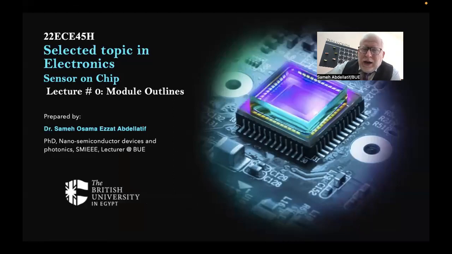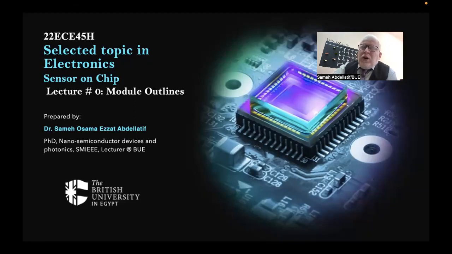Actually, the word "on a chip" is somehow an attractive word in the electronics industry nowadays. How to integrate, how to merge, how to combine everything in your system to be on a chip.